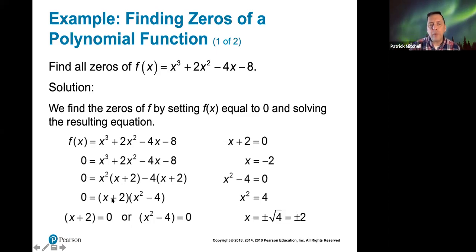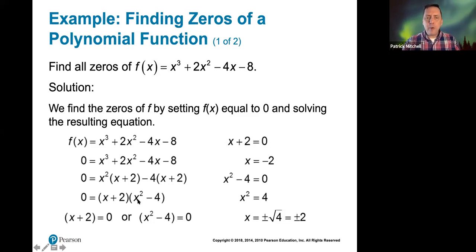So when I pull it all the way out front, my other factor is x squared minus 4. So the partly factored version of this polynomial is x plus 2 times x squared minus 4. If I wanted to completely factor it, I would go on and factor this as x plus 2, x minus 2. But all we're trying to do is find zeros. So that's easy enough to do from this point.